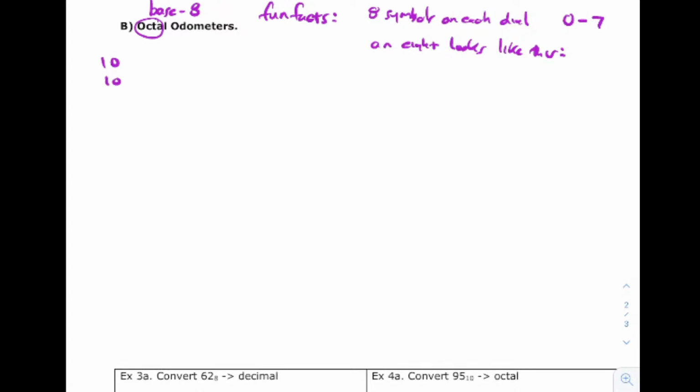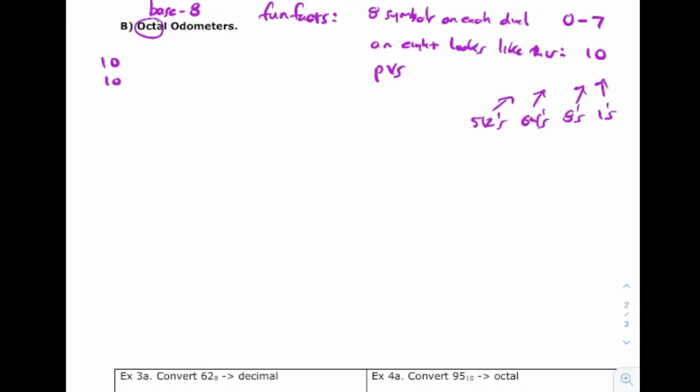Base 2, that's a 2. Base 8, that's an 8. Okay, and the reason that's an 8 is because of the place value system. We'll always start with the ones place, but then we'll have an 8's place. We'll have an 8 times 8 is 64's. Okay, 64 times 8, you'll have a 512's, and so on.